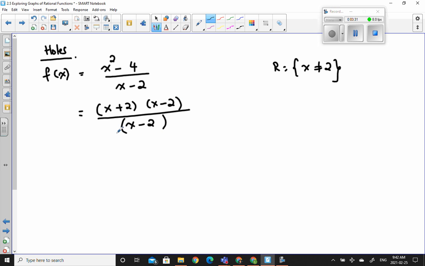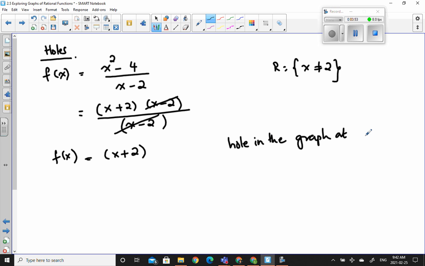And when you simplify it, this cancels out and it's x plus 2, which is the equation of a line. So if you were to graph this function, you'd actually get the equation of a line, but it has restrictions based on what we had originally. So there will be a hole in this graph at x equals 2. And how do I know that?